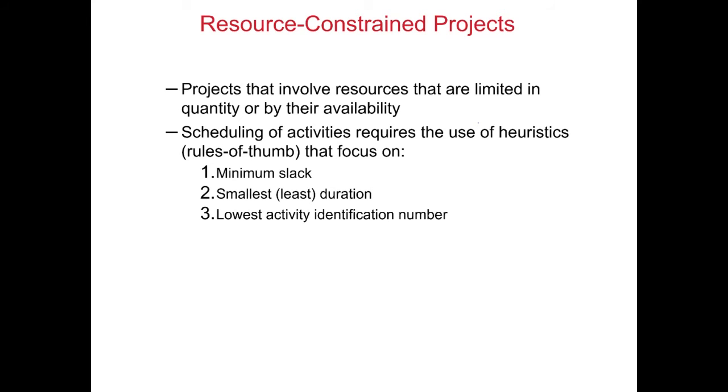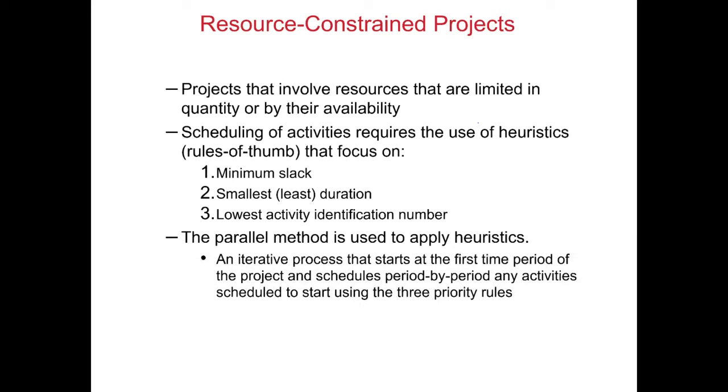These are the heuristics used by most software. This method is called the parallel method, an iterative process that starts at the first time period of the project and schedules, period by period, any activities scheduled to start using the 3 priority rules.